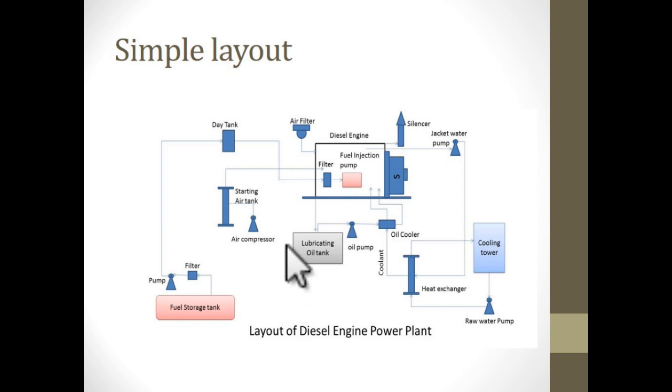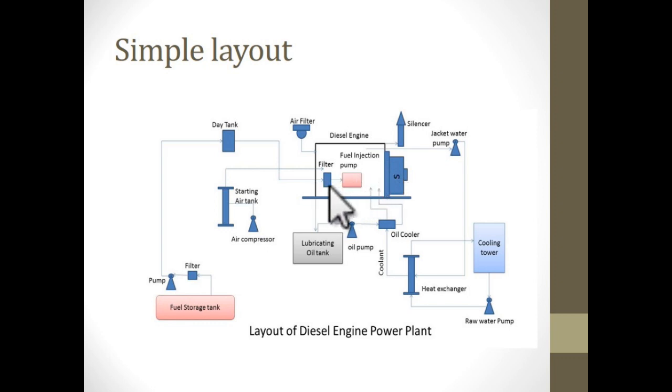So the fuel is supplied to the engine through the filters, to the day tank, to the engine, through the fuel pump, and from the fuel pump to the fuel injector, the fuel is injected inside the cylinder.